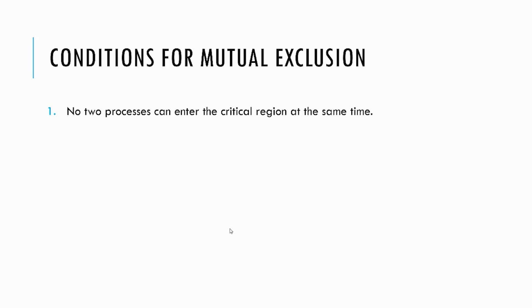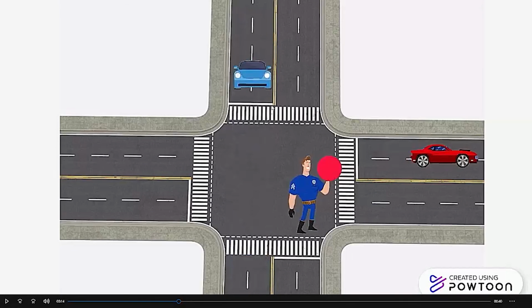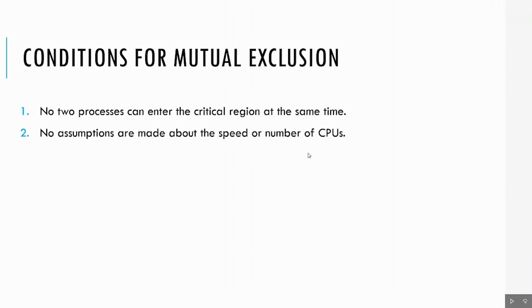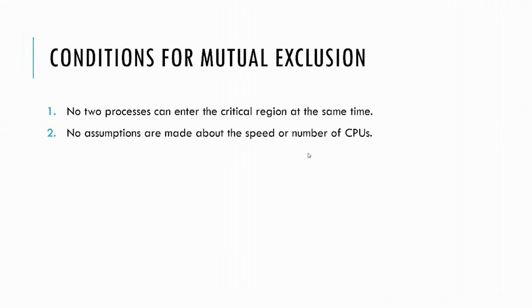The first two are: no two processes can enter the critical region at the same time, and no assumptions are made about the speed or number of CPUs, which is what we saw over here. No two processors can enter at the same time. It only allows one of them to enter, and we don't know how many processors or cars are going to enter, so we just mutually exclude them. So rule number one and rule number two are satisfied here.